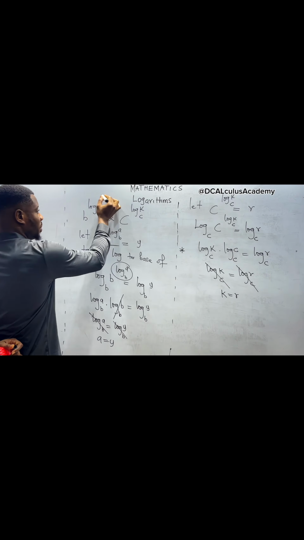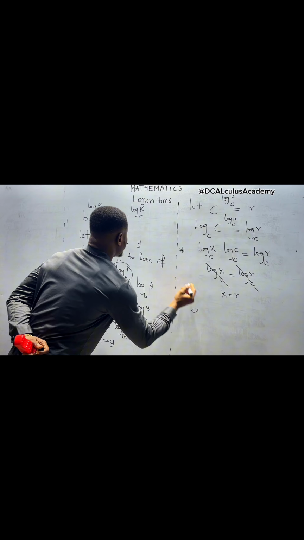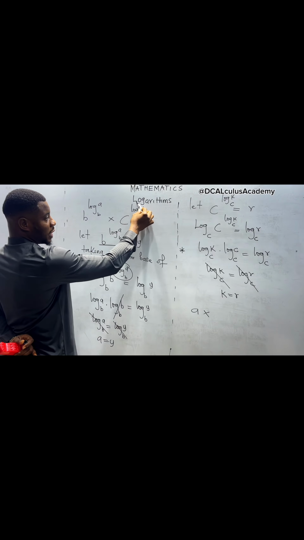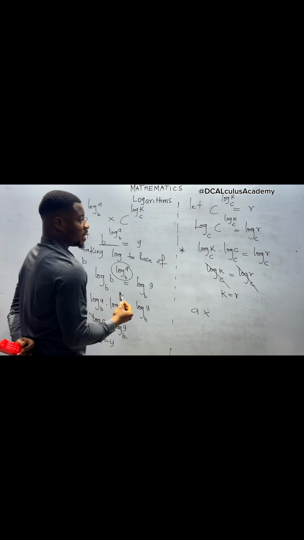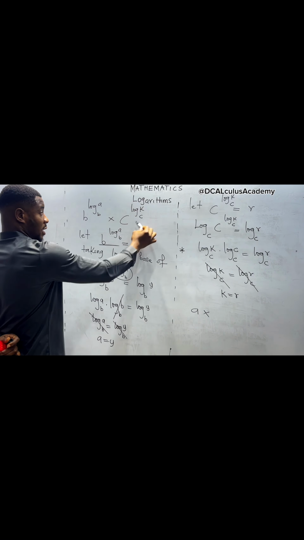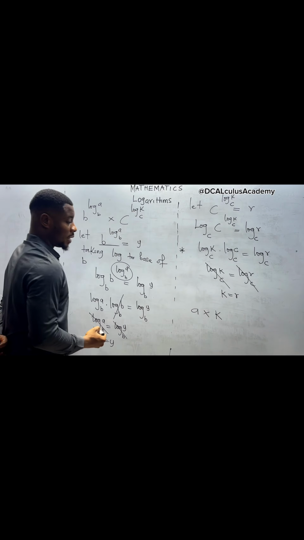So I can replace everything here as a, multiplied by k, since we have been able to show that everything here is reduced to k. So it becomes a times k. And that is the result.